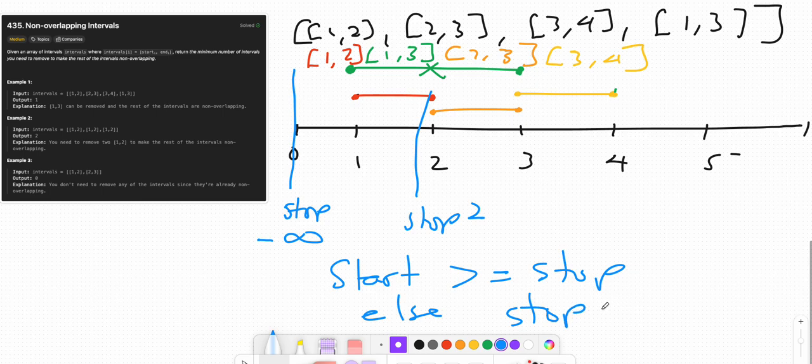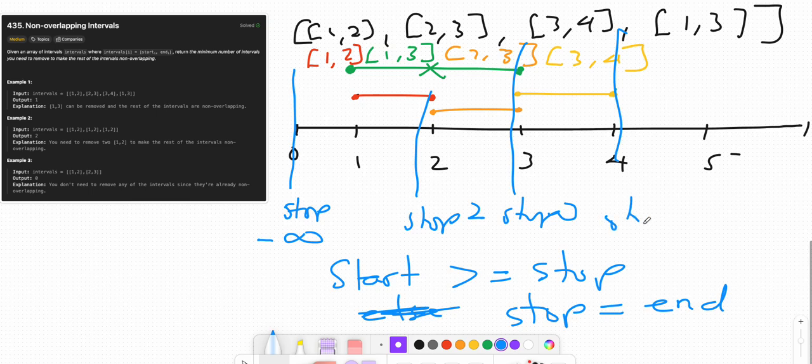If start is greater or equal, then stop now becomes end. So stop now becomes end, and then we move stop here, so eventually stop will come here, stop 3, and then the last stop will be here, stop 4, right? So start must always be greater or equal to stop.